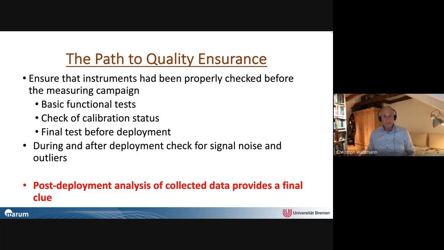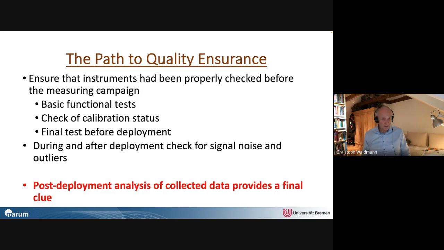Okay, so let's go back to think about how we achieve trustworthy data. We have to ensure the quality, and I think everyone who is now listening knows what to do. If we want to deploy an instrument, a CTD, we want to make sure that it's properly checked before the measuring campaign starts. That means we do some basic functional tests. We check the calibration status.